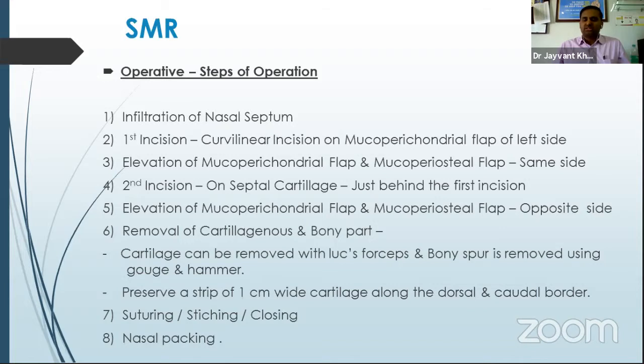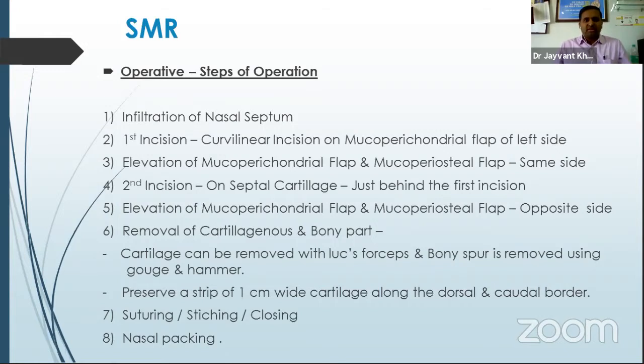Okay, afterwards we can do the nasal packing with the help of antiseptic, anti-infective or antibiotic cream like Soframycin. Antiseptic cream is used for immediate post-operative nasal packing, which is to be removed after 24 hours, or some surgeons use it for 48 hours.